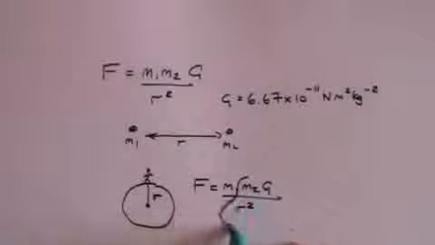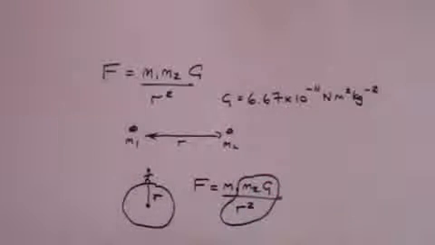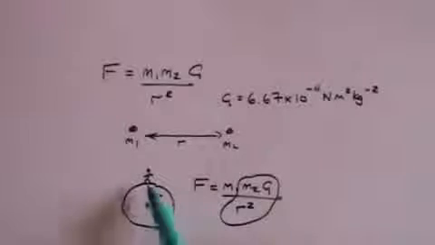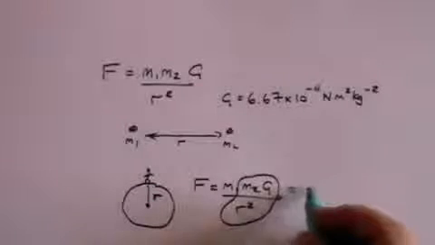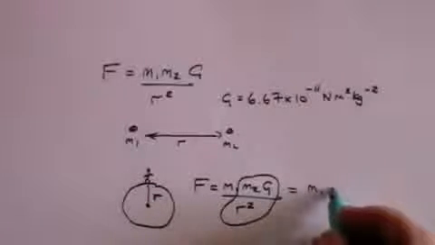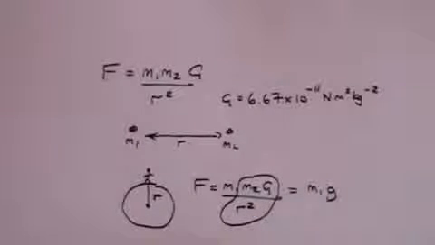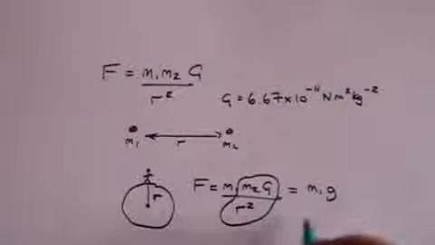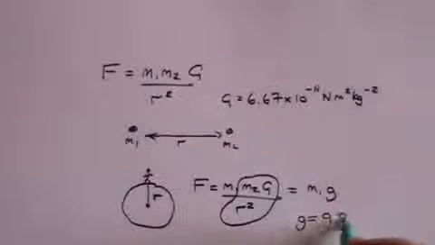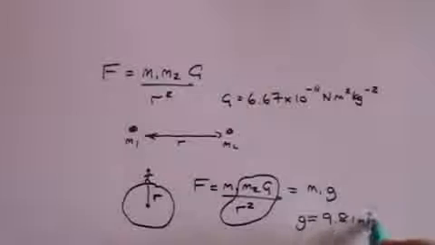And so that term there is essentially a constant. The constant Earth mass, constant G, constant r because I'm on the surface. And therefore that becomes m1, which is my mass, times g, the force of gravity on the surface of the Earth. And g is very approximately 9.81 metres per second squared.